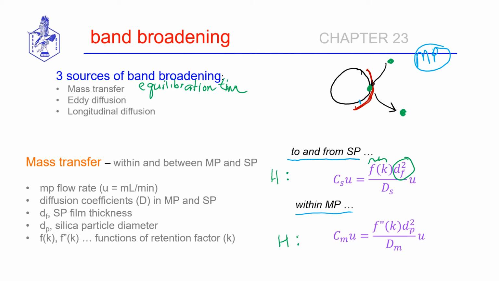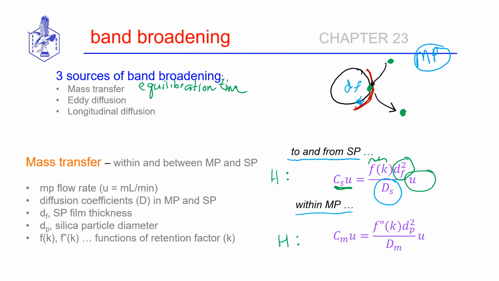So up here, if this is our stationary phase film, that is the thickness of the stationary phase film. And in the denominator is our diffusion coefficient for our particular species within the stationary phase. And the last parameter here, so this factor that contributes to band broadening, the plate height, is directly proportional to u, that is the flow rate of our mobile phase in mL per minute.